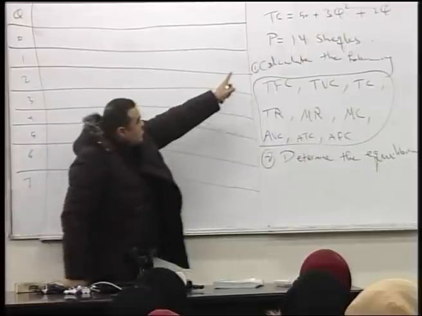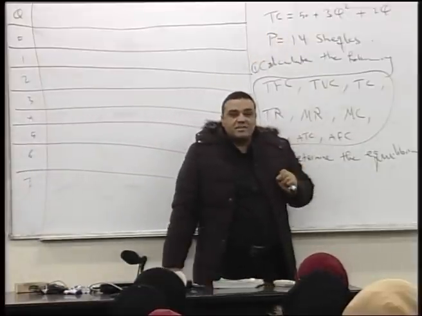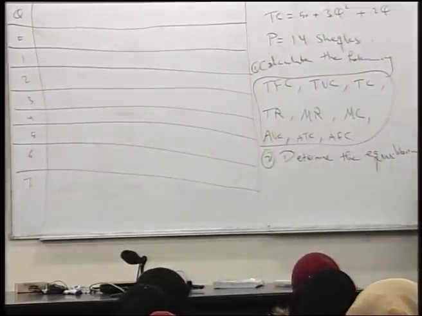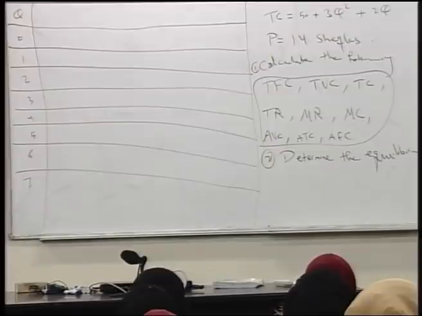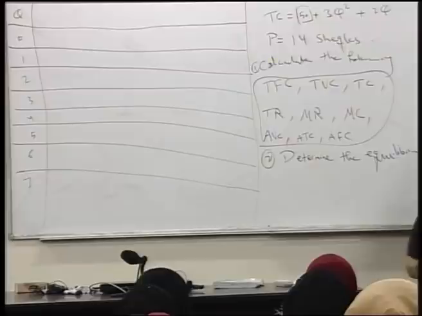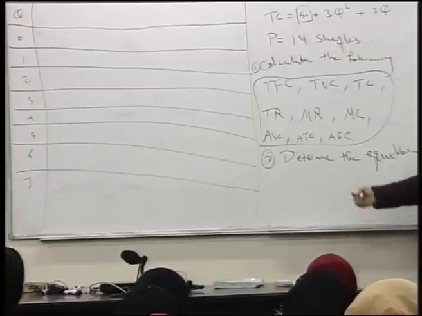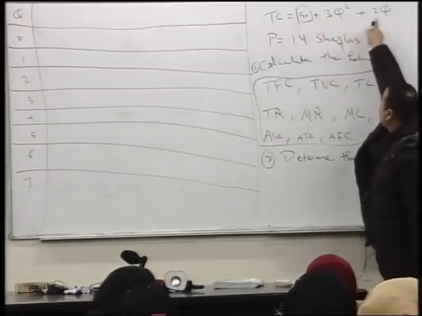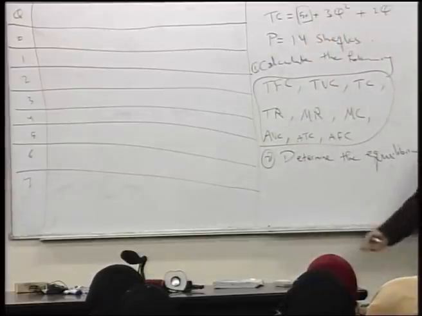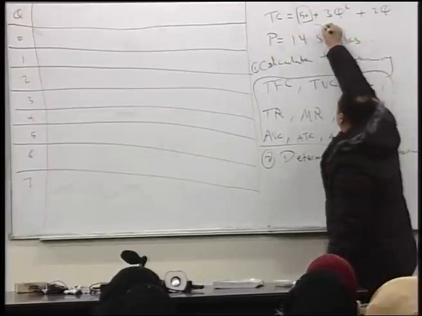As you see here, the total cost has two parts, TC equals TFC plus TVC. This part, 50, is fixed, the total fixed cost, which means if the quantity produced or sold equals 0, this is the total fixed cost. And the total variable cost is the second part here.